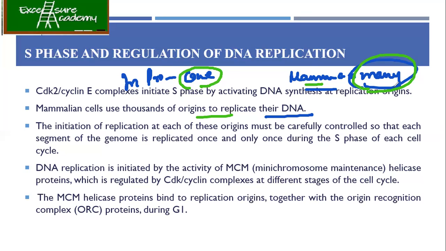Why is this difference there? Why in eukaryotes are many origins of replication needed? The origin is called ori. Why are so many required? Any guesses, Pratima?